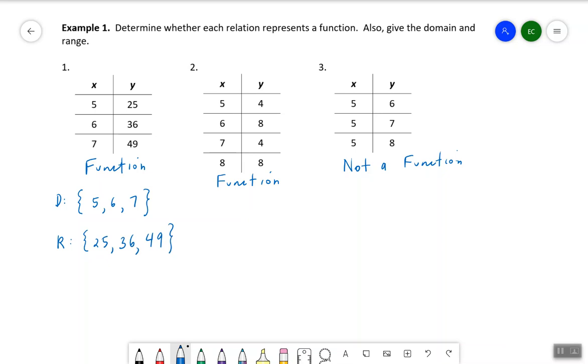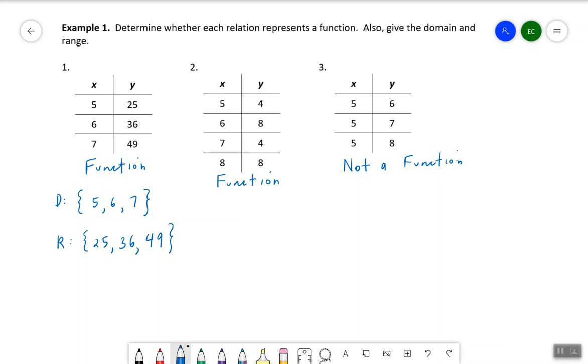And so in this table, we interpret this table to mean that there are no other inputs. 1 or 2 or 3 or 4 are not inputs in this particular function. This particular function just consists of 3 points, if you would like to think of it that way. If you would like to think of those as ordered pairs, right? Each row can be written as an ordered pair. And so if you graphed this, you would have a graph with 3 discrete points on it.